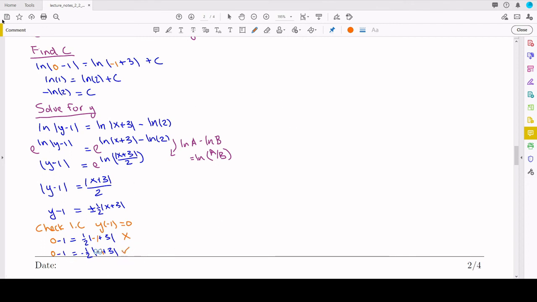So at this point, what we have is y minus 1 equals -1/2 times the absolute value of x plus 3.